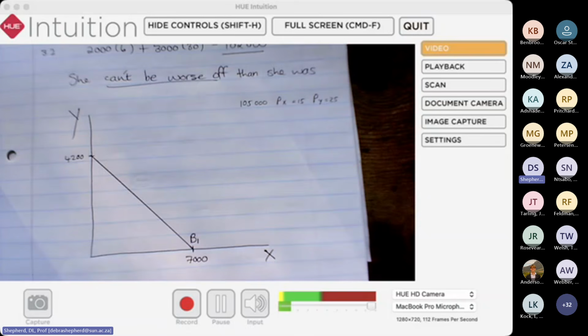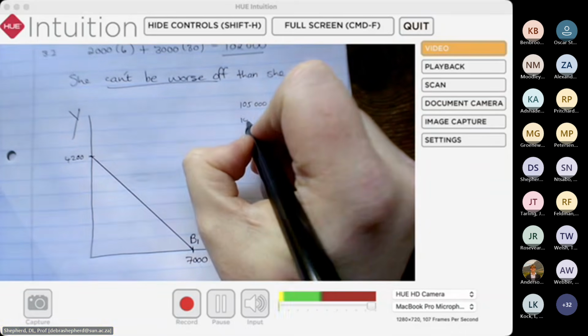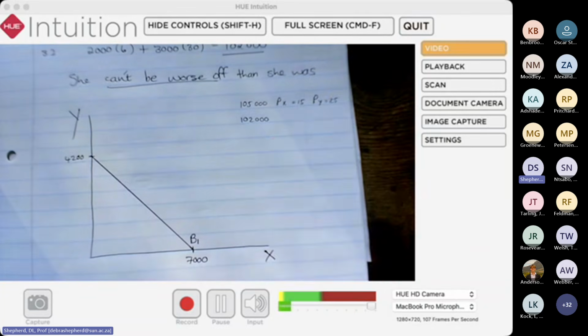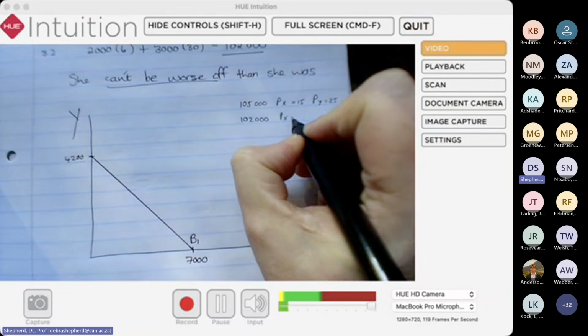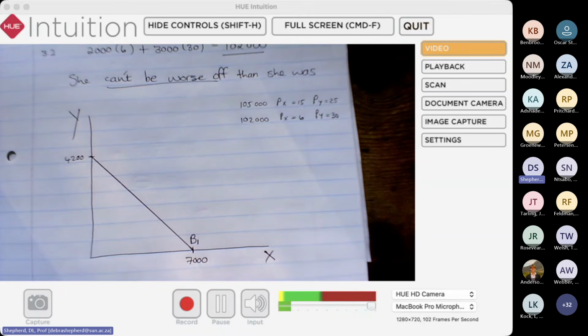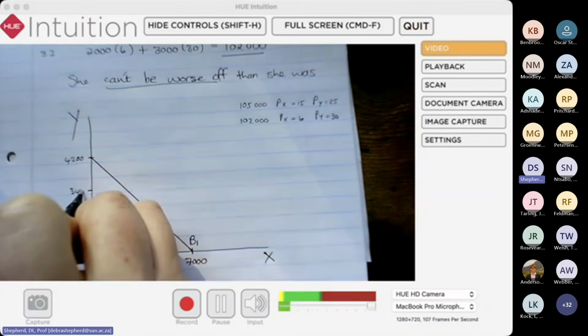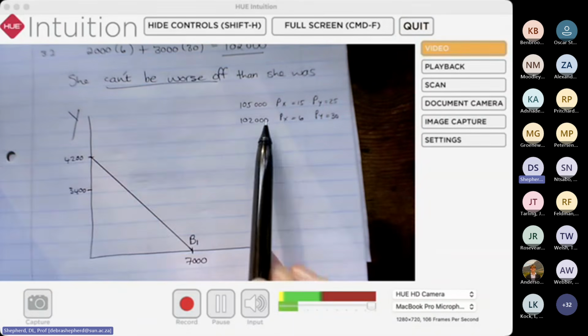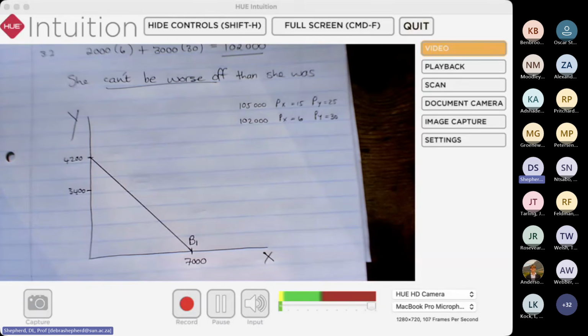Okay, so how does her 2026 budget constraint look? So now her income is 102,000. The price of X is 6 and the price of Y is 30. So if she spent all her income on Y, she would get 3,400 units of Y. So that's 102,000 divided by 30.